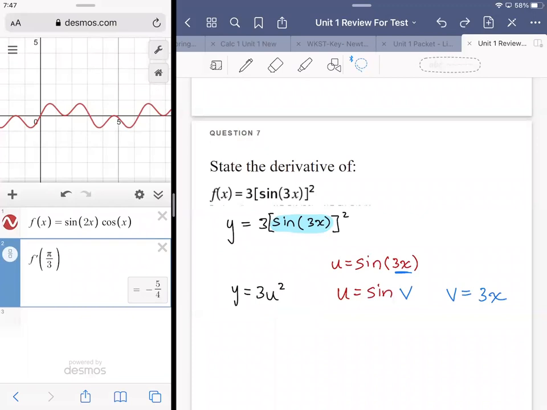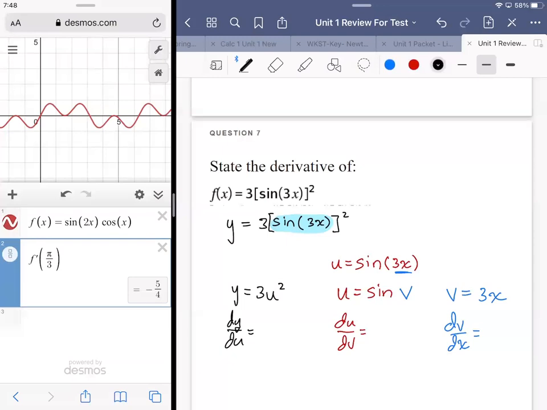Then we take the derivative of each part: dy/du, du/dv, looking at independent versus dependent variables, dv/dx. All of which are either power rule or basic rules.